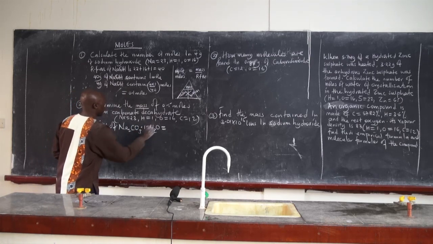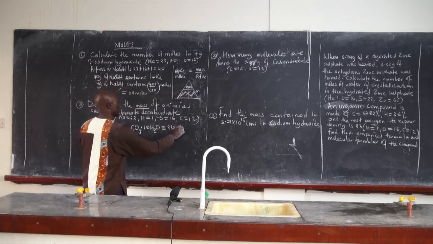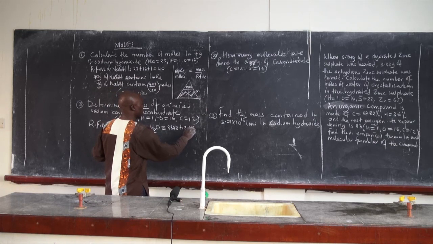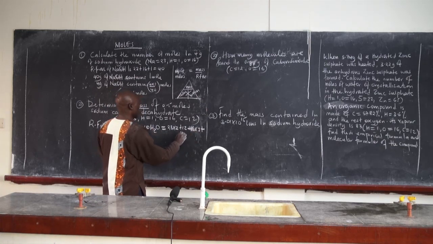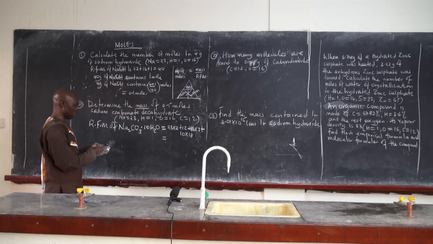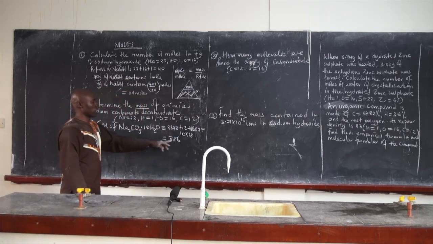So let's punch in the value, that's 23 times 2 for sodium plus 12 plus oxygen is 16 times 3, then plus 10 times 18, the whole lot is 18. So that is 286. So 286 always has 1 mole.